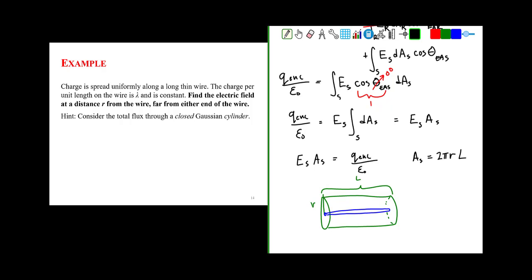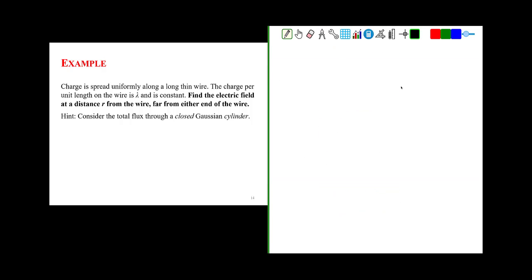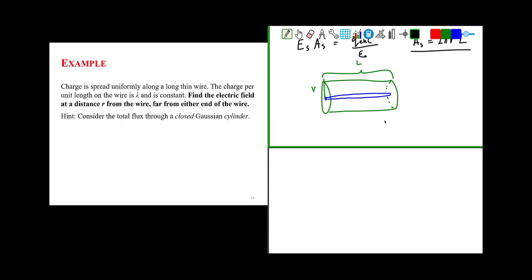So our area then is given by 2 pi times the radius times the length. This means we could write that the product of the electric field and the area of that side is equal to how much charge is enclosed by that surface over epsilon naught. So the electric field is equal to the amount of charge enclosed by that surface over 2 pi r epsilon naught L.